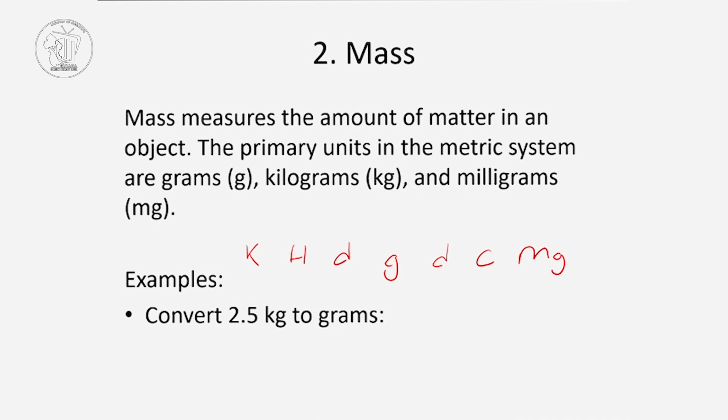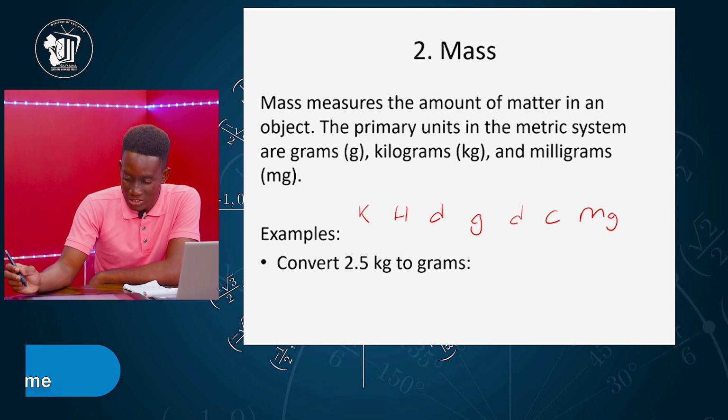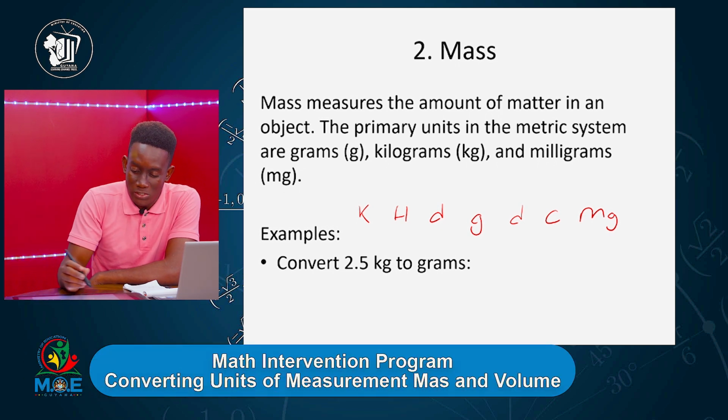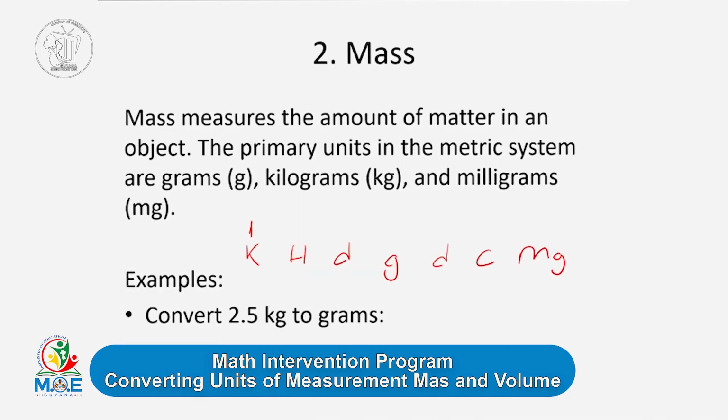All the others will remain the same. So we are converting from kg to grams. We see we're converting from k, so we put the 1 over the k, and we put 0s until we reach grams. So this will be 0, 0, 0.